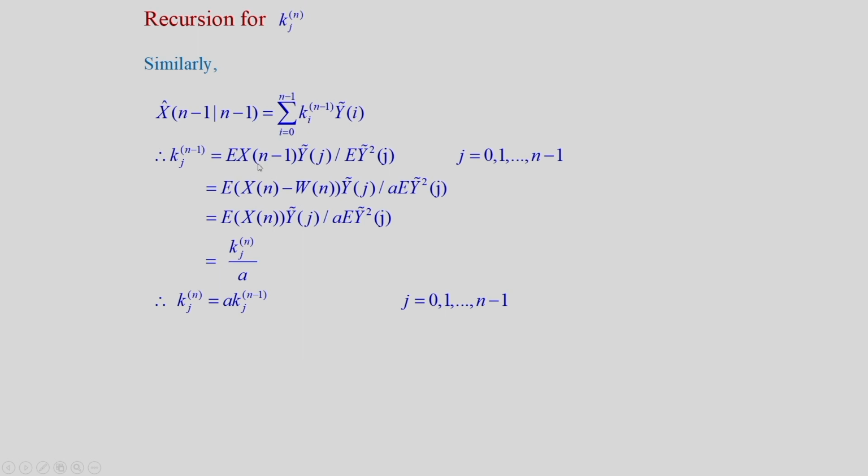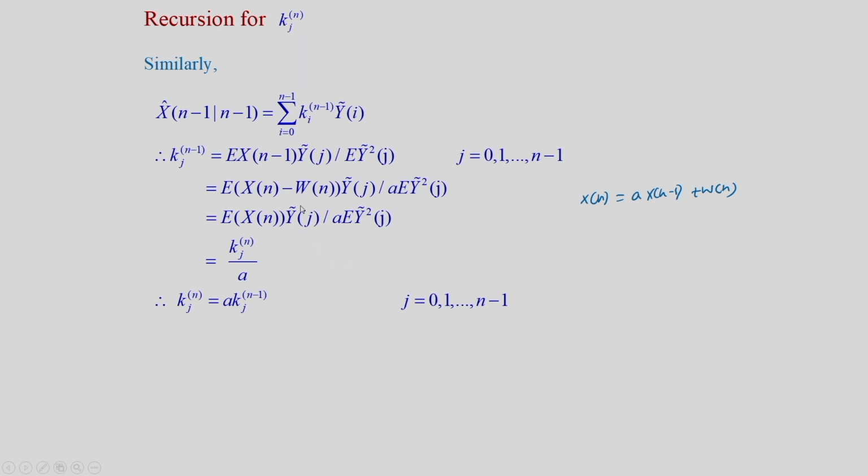Now, I know that from the model, xn is equal to a x n minus 1 plus wn. We can write x n minus 1 is equal to xn minus wn divided by a.